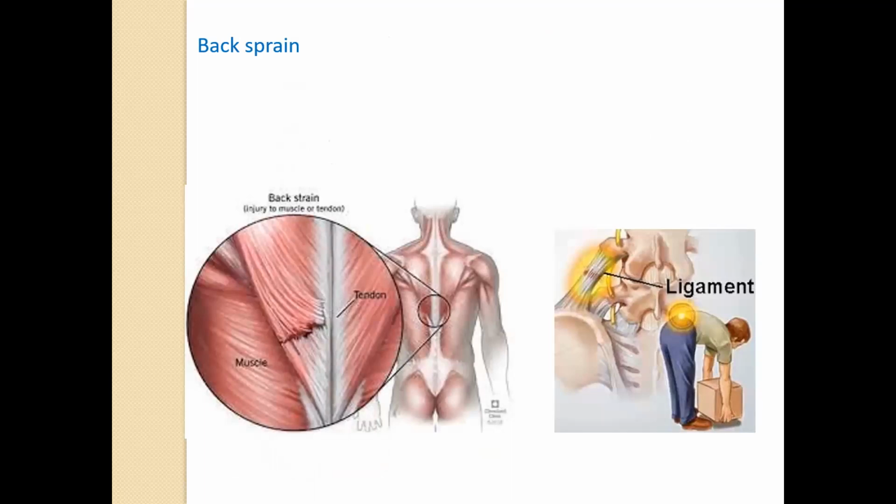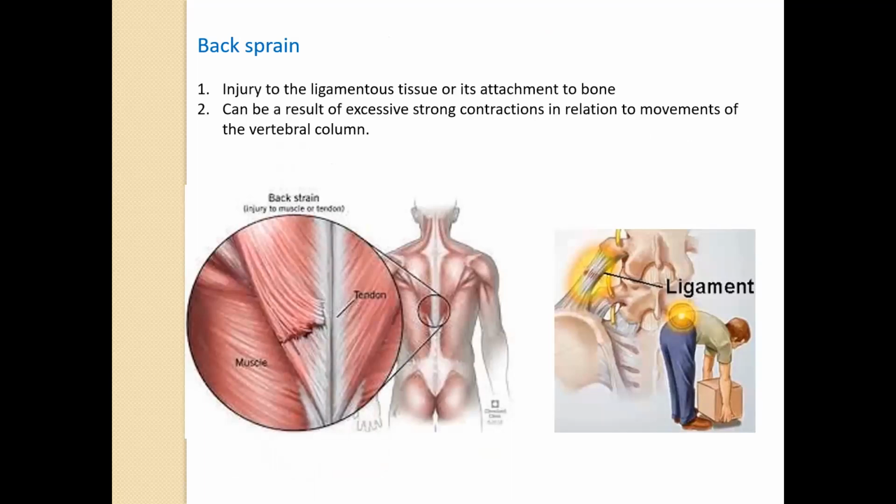And the next one is back sprain. Back sprain is an injury to the ligamentous tissue or its attachment. You can see clearly in this picture there is a tear in the tendon or the ligament of this muscle. This can be a result of excessive strong contractions in relation to movements in the vertebral column.